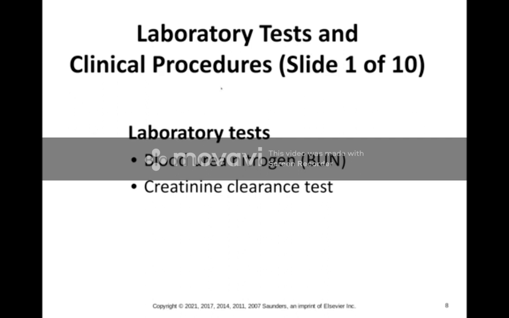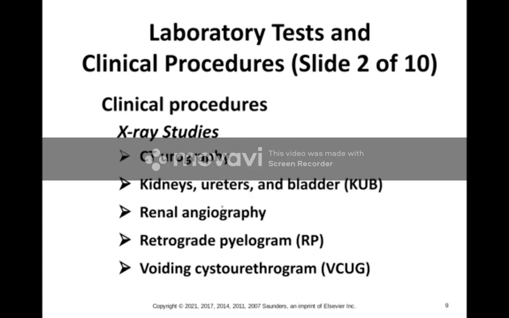Okay, so common laboratory tests run to check the function of kidneys would be blood urea nitrogen, or BUN, and then a creatinine clearance test. Clinical procedures that could be done would be x-rays, so a CT urography.